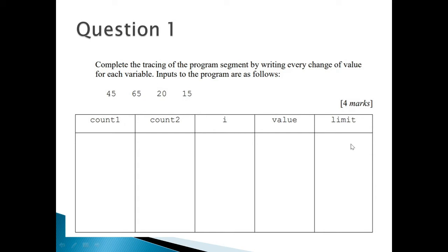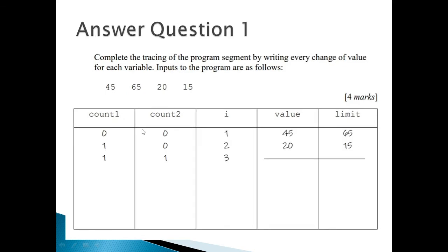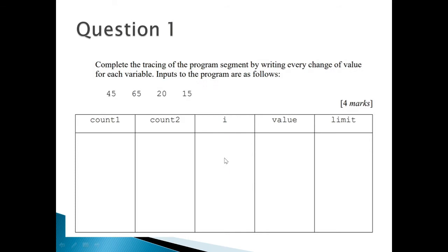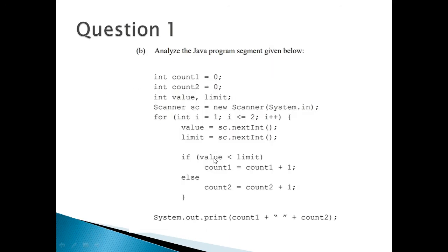Fill in the blanks and then go to the next line. So the first row is 0, 0, 1, 45 and 65. In the next line, after you enter, we check whether value is less than limit. The value is 45 and the limit is 65, so 45 is less than 65 is true.